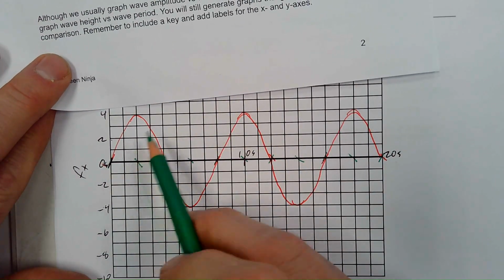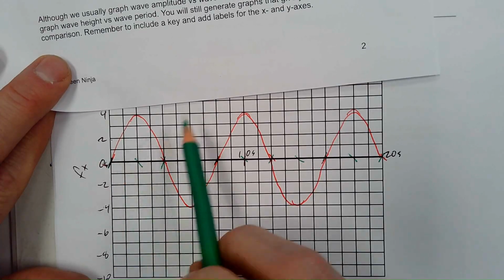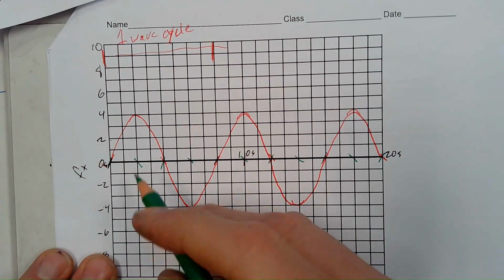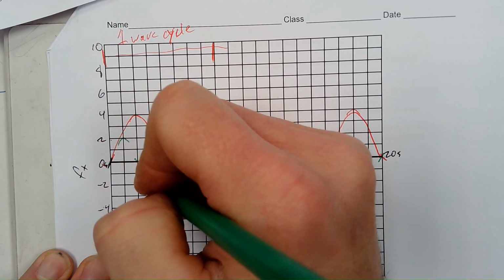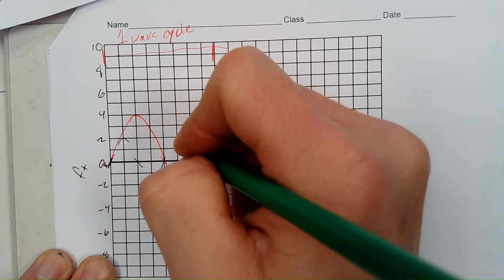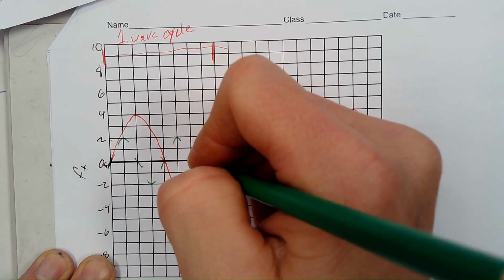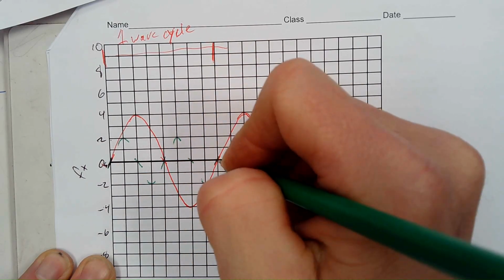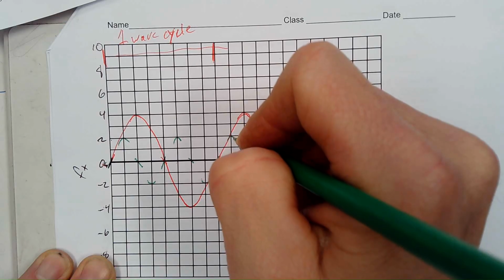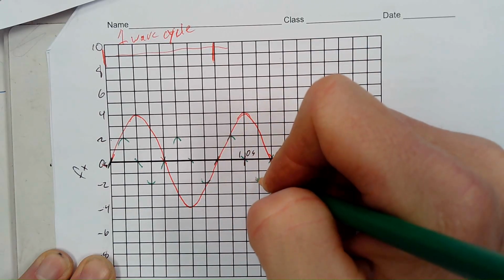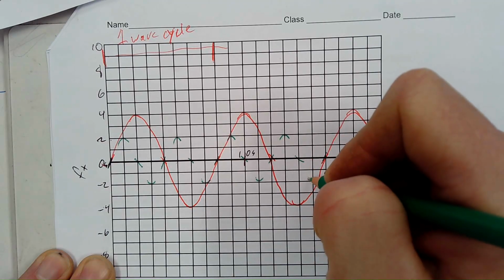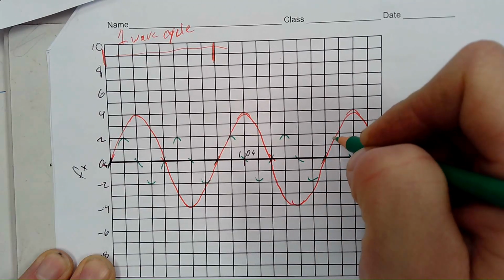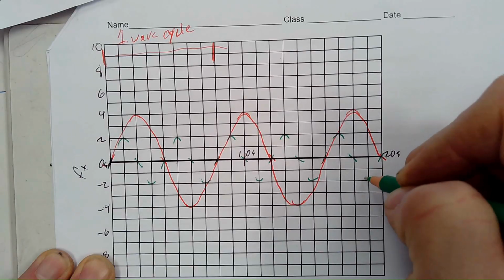At the crest, which is going to be 1 second, we have an amplitude of 2 feet. So we've got our crest, midpoint, trough, midpoint, crest, midpoint, trough, midpoint, crest.